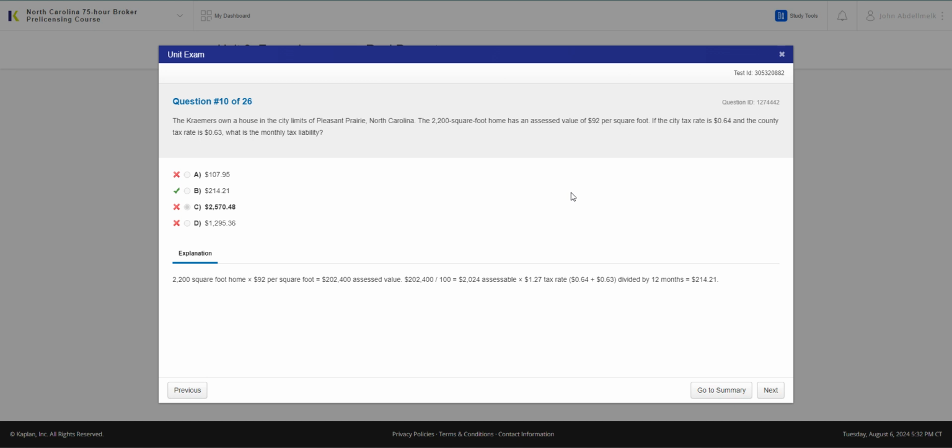And then that's per year. But if you want per month, that is going to equal 2,570.48 divided by 12, which equals $214.21, which is the answer right there.